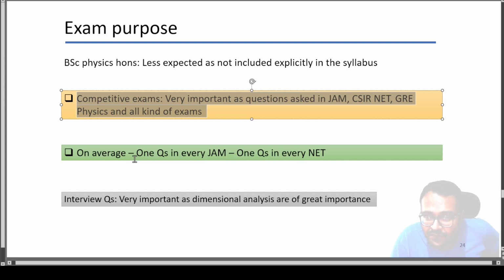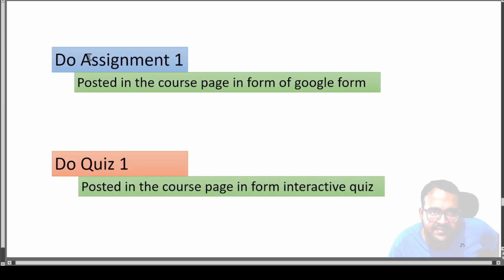In interviews, of course, you may be asked to derive something using dimensional analysis. You may be asked to find something using dimensional analysis. So with this, I sum up this dimensional analysis class.